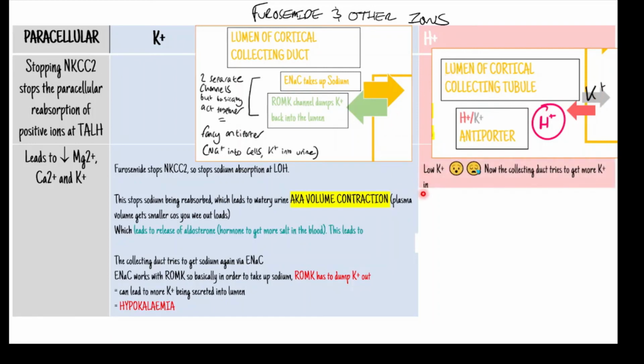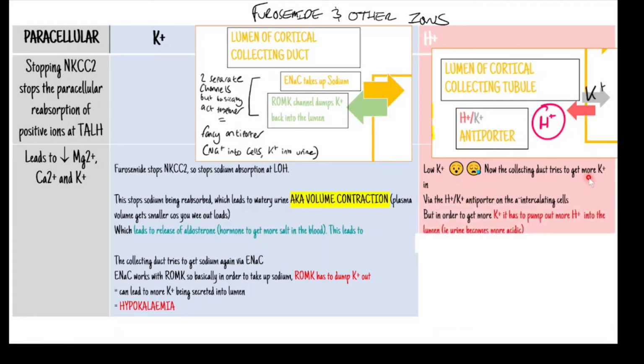Because of this low K+, the hypokalemia, your cortical collecting tubule will try and correct that. So it will try and take more K+ in, and it does this via the H+/K+ antiporter on the alpha intercalated cells on the cortical collecting tubule. But in order to get more K+ in, again, it has to do a deal with the devil.